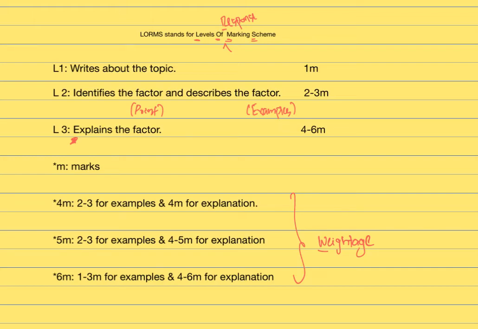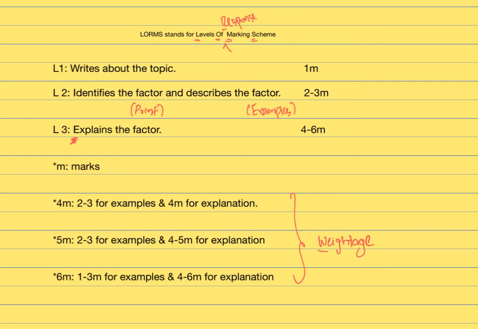Now for a 4-mark question, the marks will be broken down to 2 to 3 examples. We'll get 2 to 3 marks, and then the 4th mark will be the explanation, and then for 5 marks, 2 to 3 examples will get 2 to 3 marks, and then the 4th and 5th mark will get the explanation.